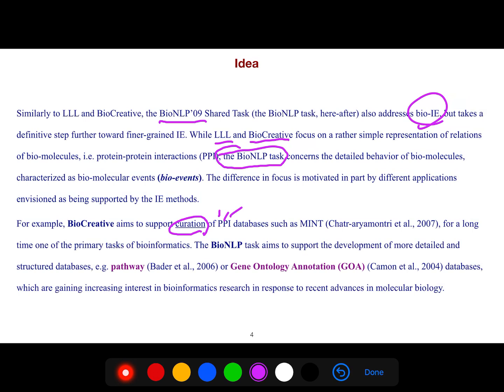The BioNLP task aims to support the development of more detailed and structured databases, for example for pathway analysis, or GO, gene ontology annotation, which are gaining increasing interest in bioinformatics research.